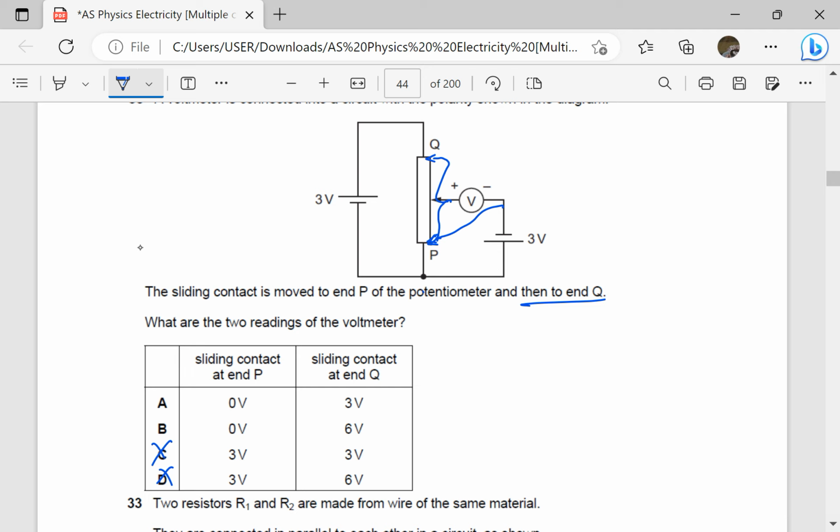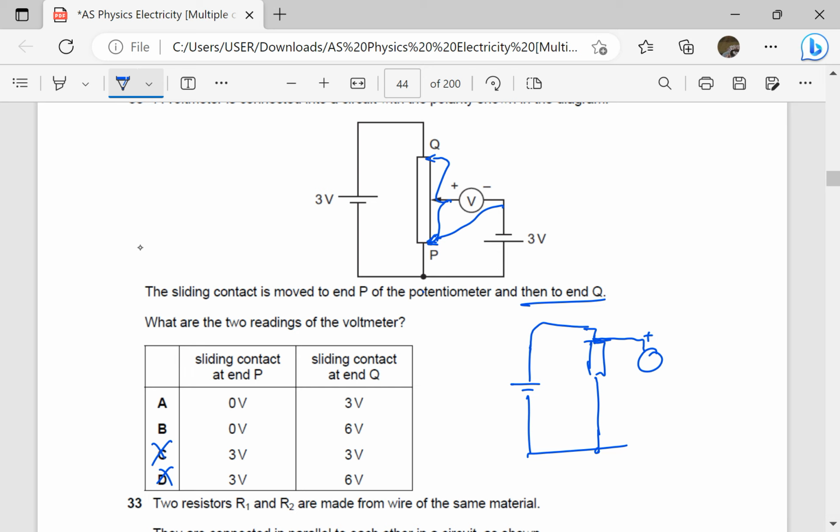will be equivalent to having something like this. We shall have the voltage supply, and we have our resistor here, then the contact is here, and then the voltmeter is somewhere here.